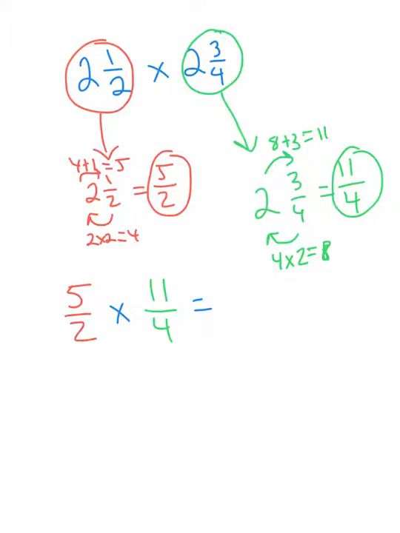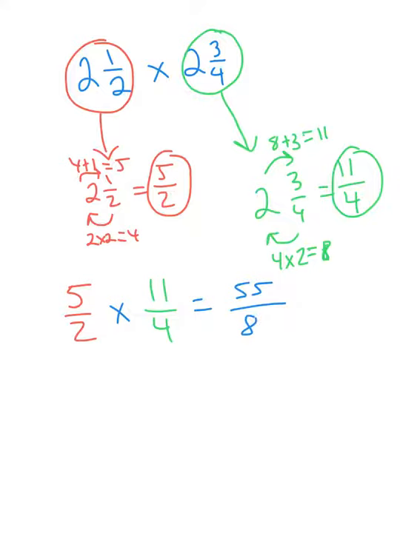See how my whole numbers aren't in the way anymore? So in my new fraction, I have 5 times 11, which is 55, and 2 times 4, which is 8. You might have noticed right away that I have my improper fraction. My number on the top is bigger than the number on the bottom.